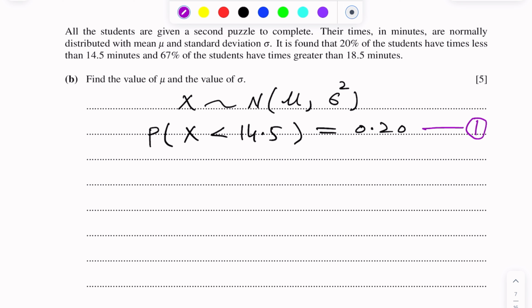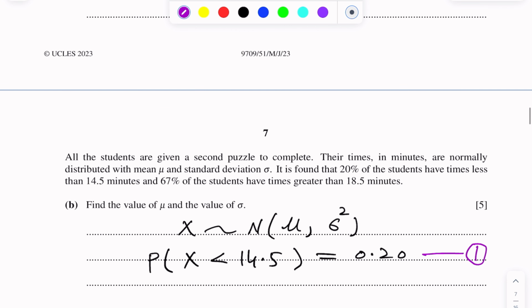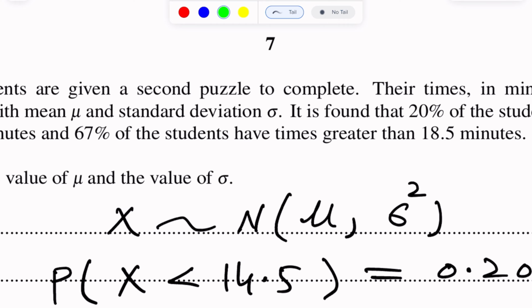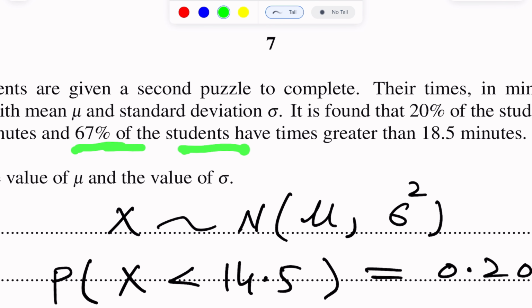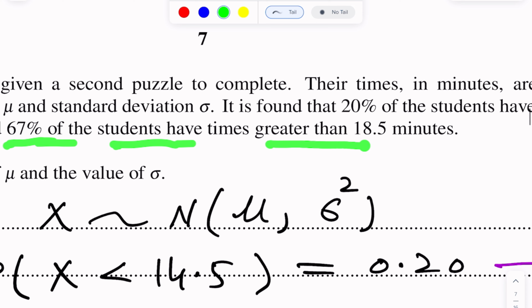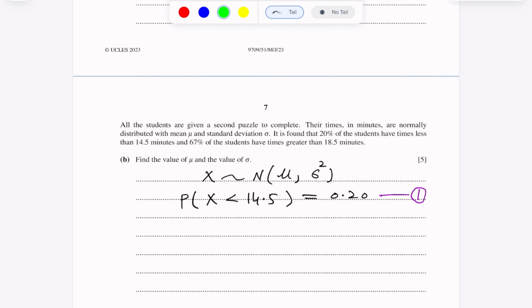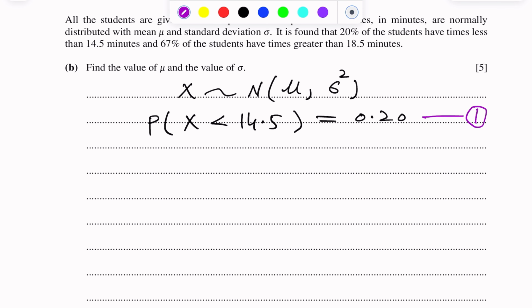Secondly, it is given that 67% of the students have times greater than 18.5 minutes. So this is another relation: probability of X greater than 18.5 is 67%, meaning 0.67. Let's say this is equation number 2 for reference.